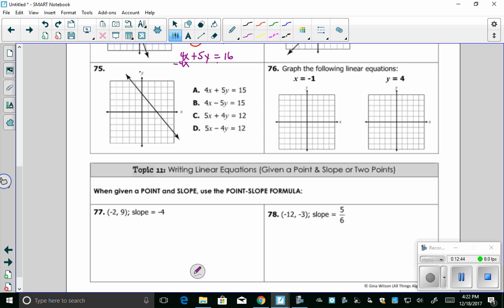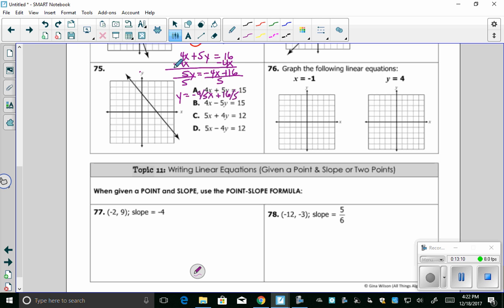Subtract 4x from both sides, and you get 5y equals negative 4x plus 16. Divide by 5, and you get y equals negative 4 over 5 x plus 16 over 5.